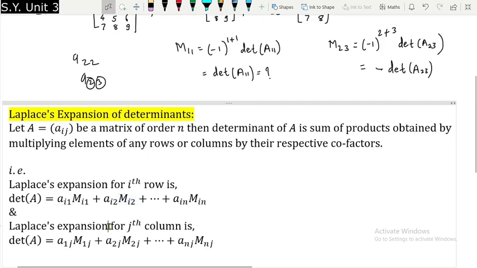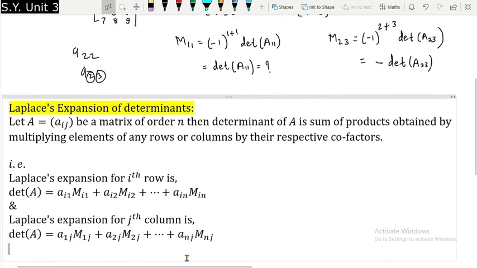What about Laplace expansion for jth column? Now you can see the second variable is j everywhere, isn't it? So whenever you think of what will be the Laplace expansion for third column, simply think about the third column of the matrix. So what is our third column of the matrix? The third column is, the first entry will be what? A13. The second entry will be A23.